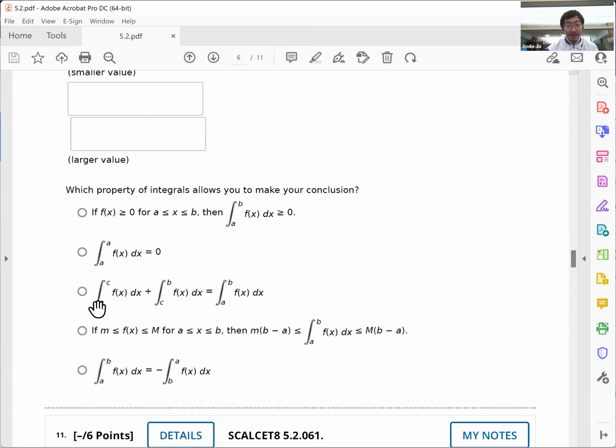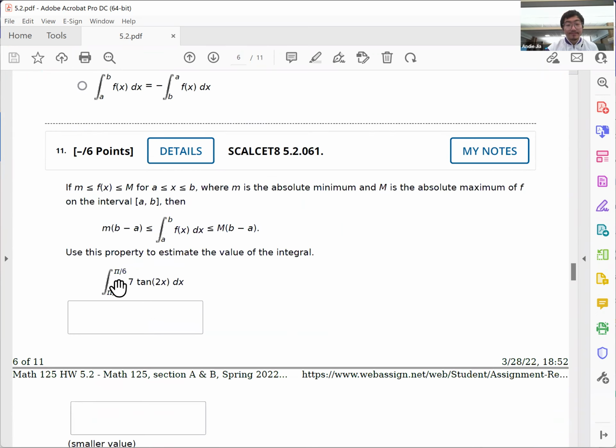We apply the third one. The same rule applies for number 11.